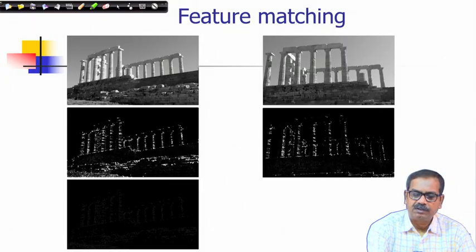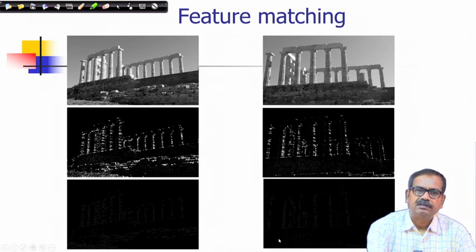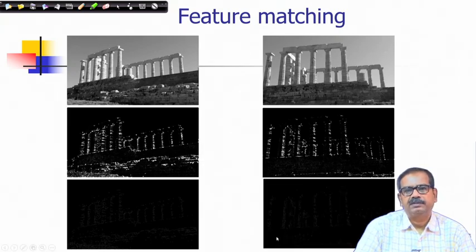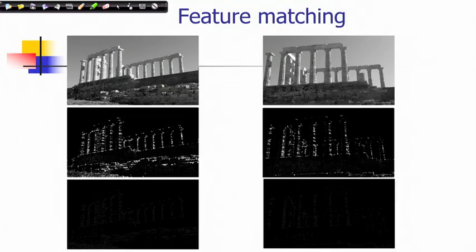Similarly, for the other view also you perform similar operations. Now, since you expect that these points which you have detected are transformation invariant, which means even after the change of view in the imaging, still those points will be retained after detection, we could try to find out the correspondences, that is, which point corresponds to which point of the other image.